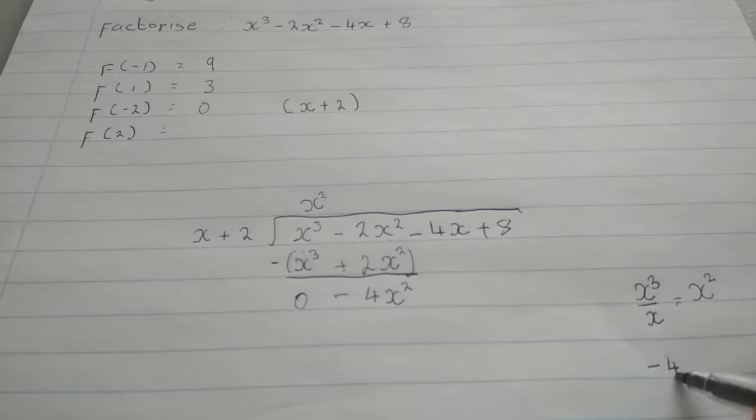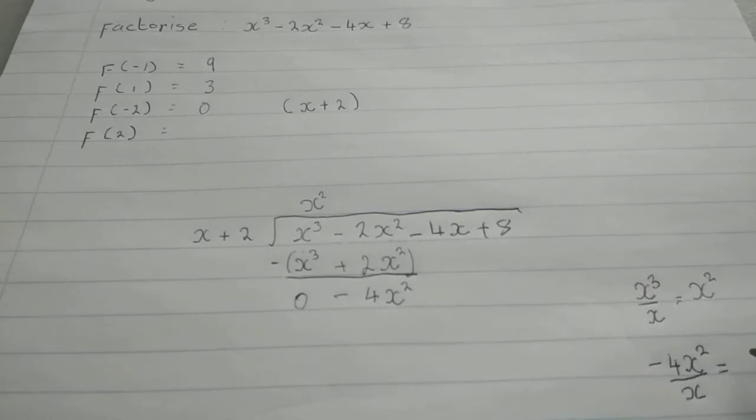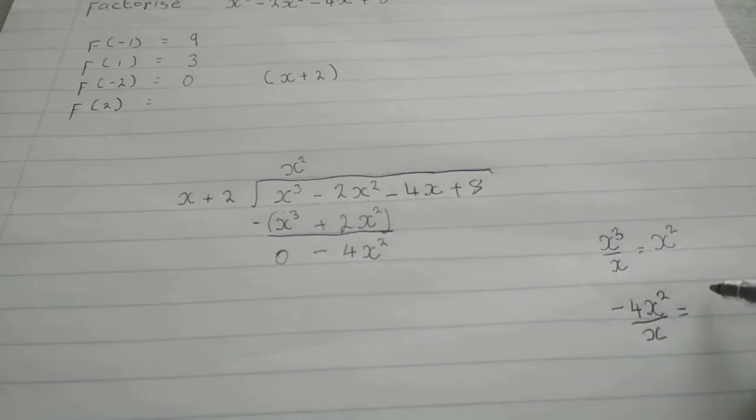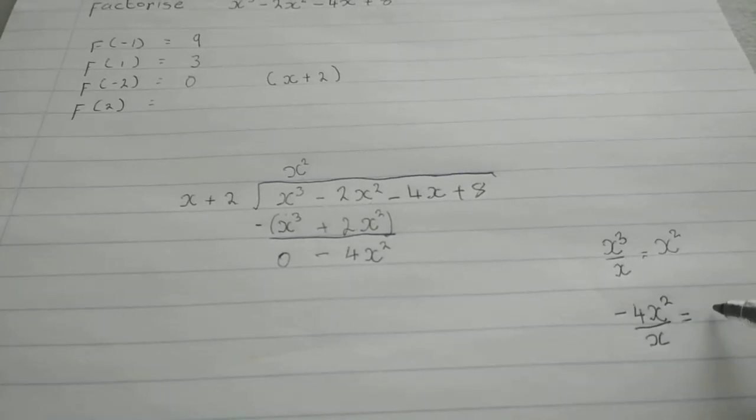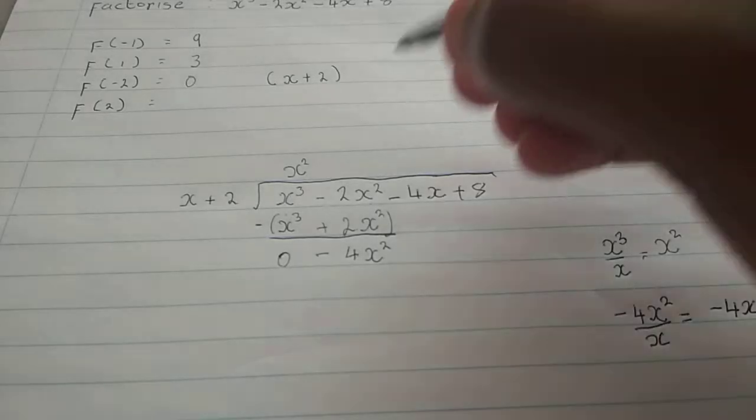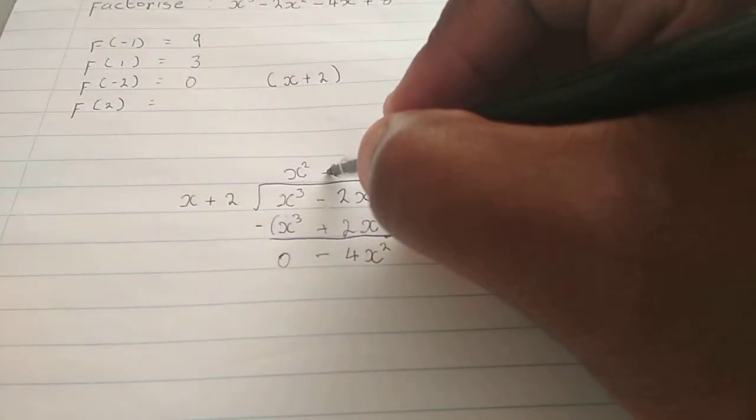When I have minus 4x squared divided by x, that's going to be equal to minus 4x. Take the minus 4x as it is, put it back up there, minus 4x.